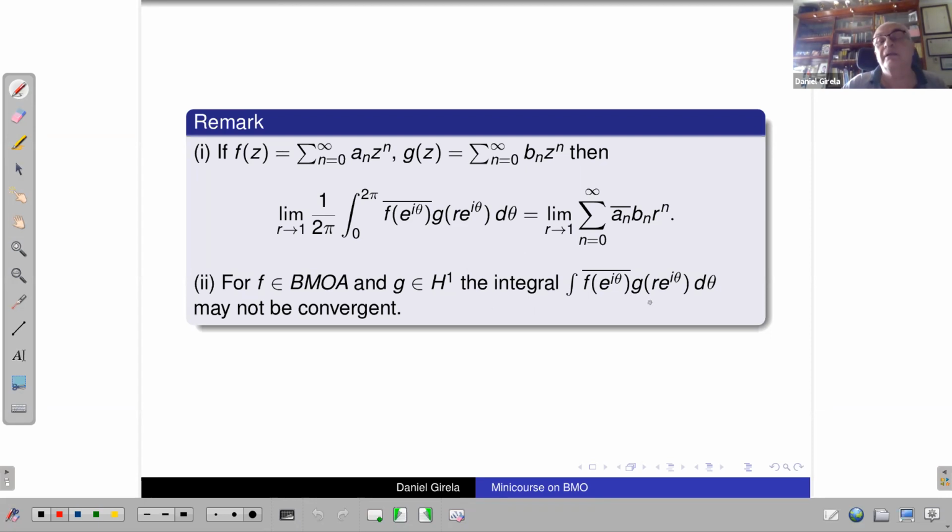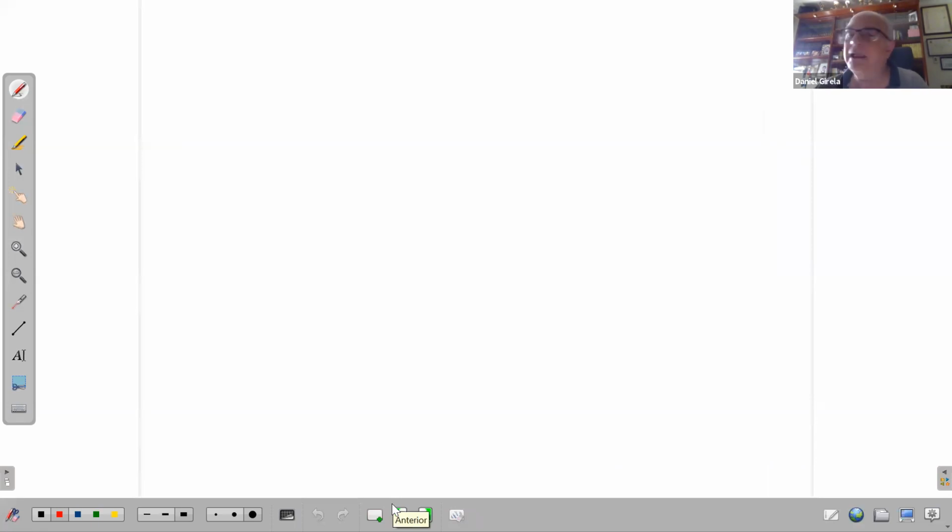Remember that when we were speaking on Hardy spaces, the dual of H^p was H^q, and the duality pairing was the integral of f times g. But the integral of f times g bar on the boundary, if we put r equal 1, may not converge. This can be proved using the closed graph theorem or something, but it's possible to give an explicit example.